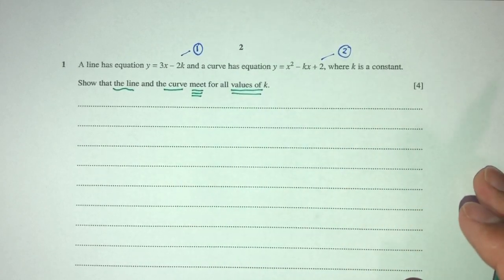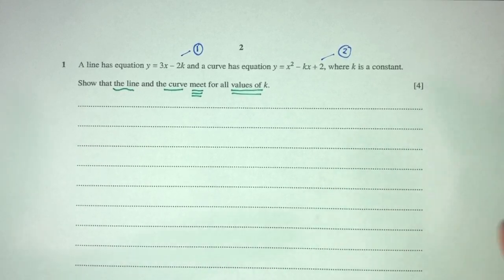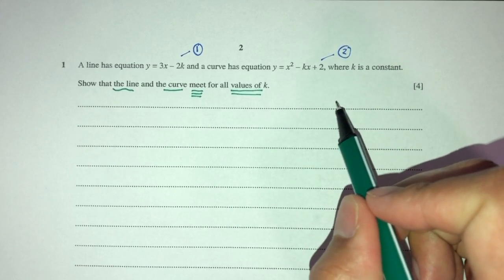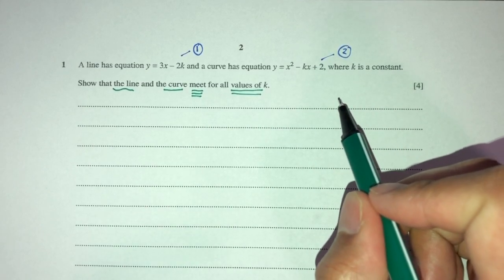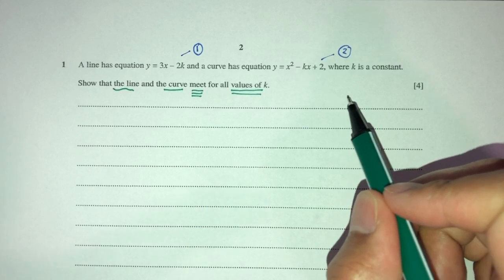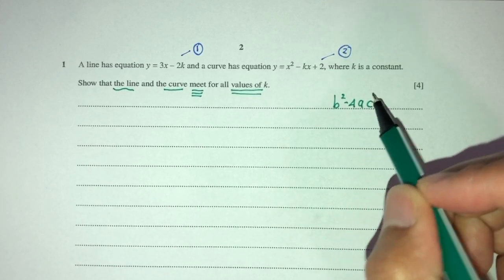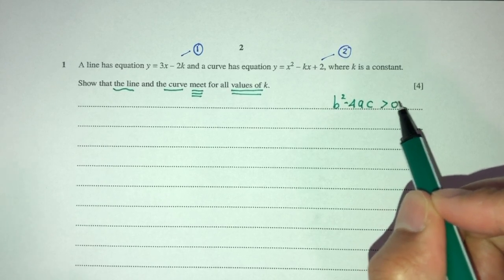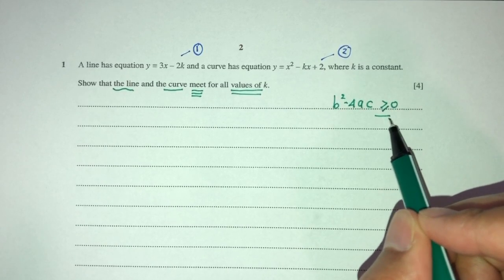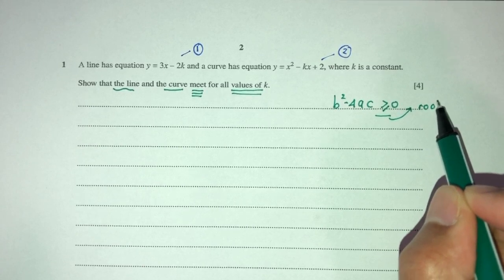Okay, so basically we have to show they have a solution, because that's what it means. If they have a solution, they meet, right? Now, something we have to know right away is that to know if they have a solution, we have to test the discriminant, which is b squared minus 4ac. When this value is more than or equal to 0, it means it has real roots.